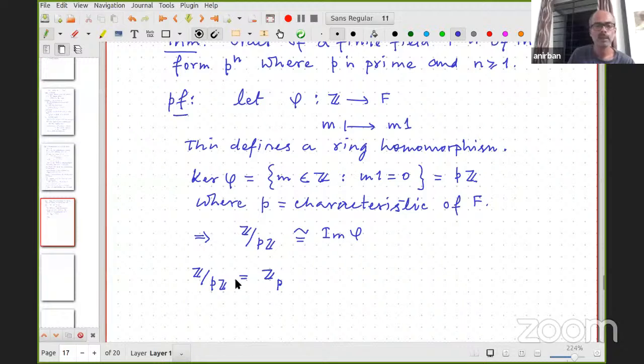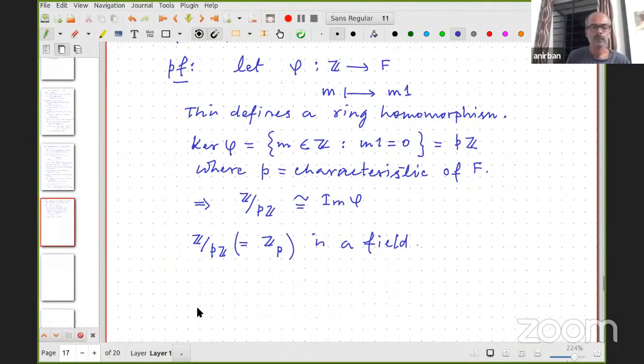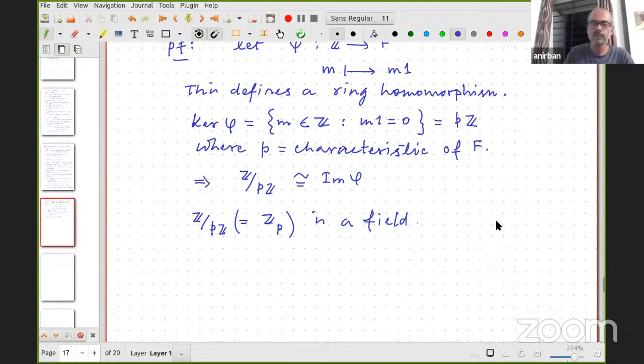This was our earlier notation, the notation we started with. So these two are the same thing, and this is a field. So what is the picture we have? We have this finite field.